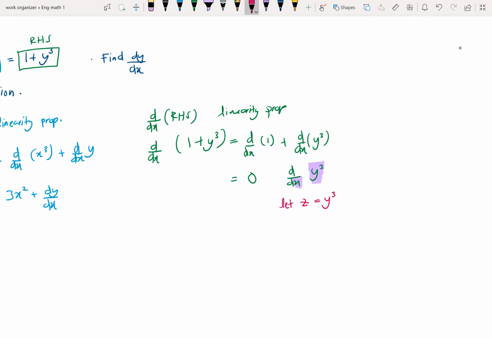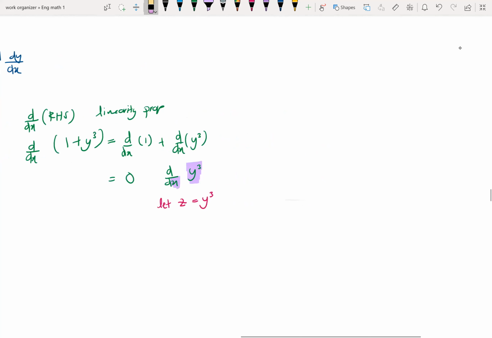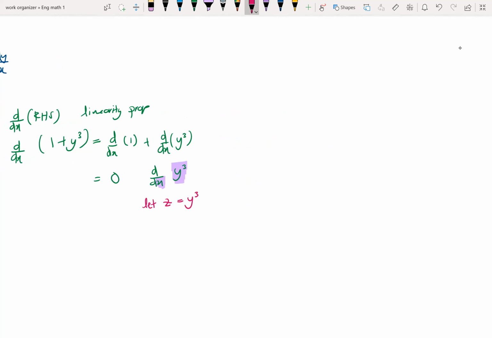Again, the main aim here is to find dz over dx.